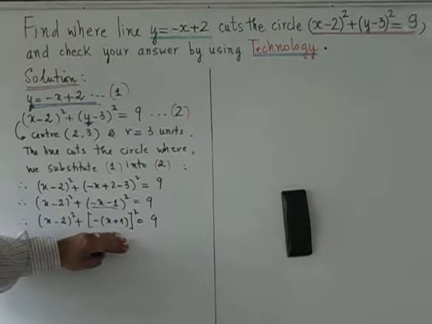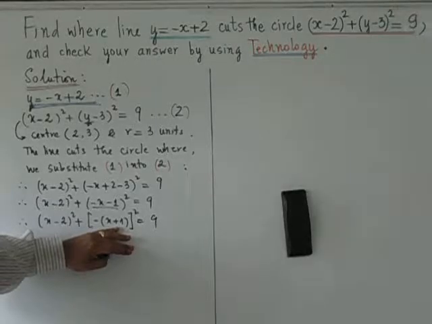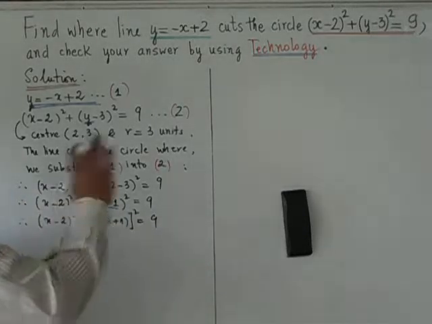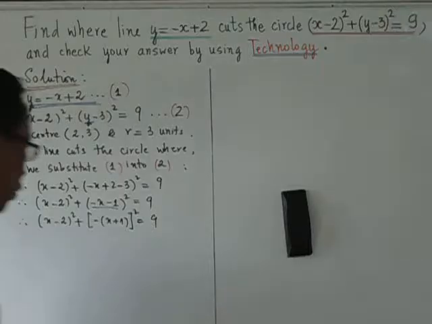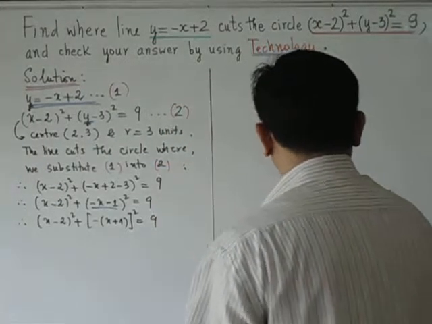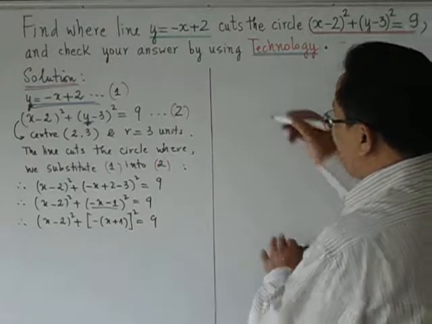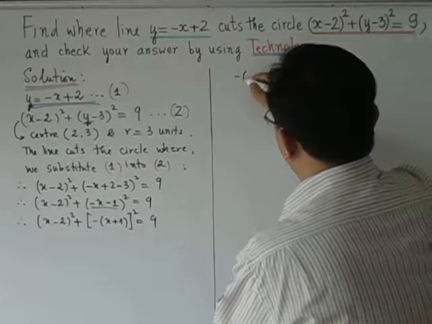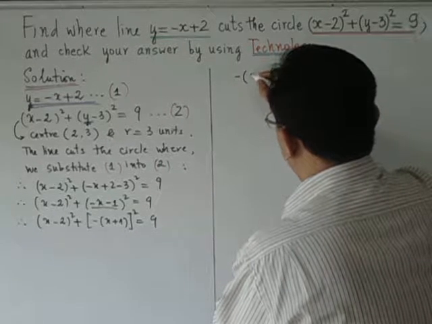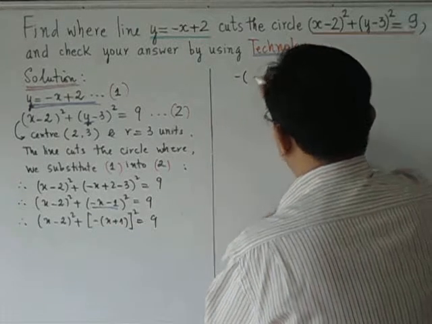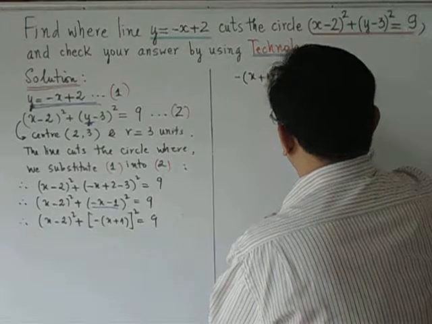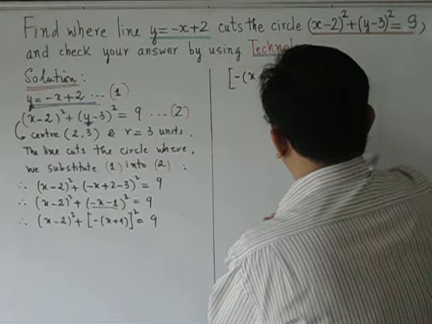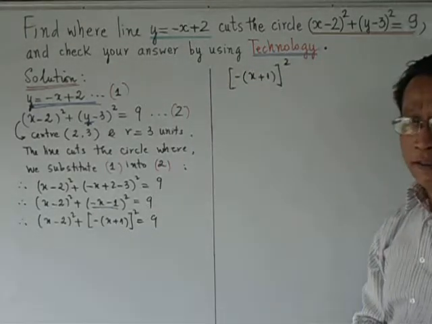So we have the factor (x plus 1), and then the whole lot outside with power 2. At this stage, you should notice we have the minus sign outside, and power 2 outside.